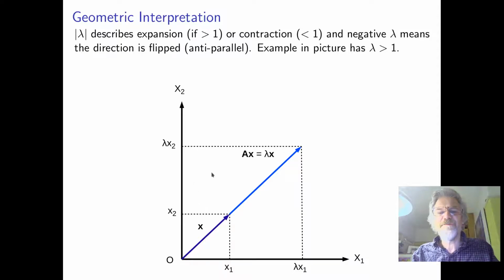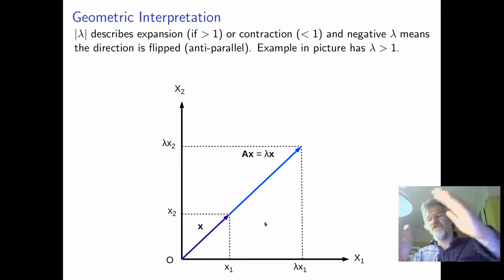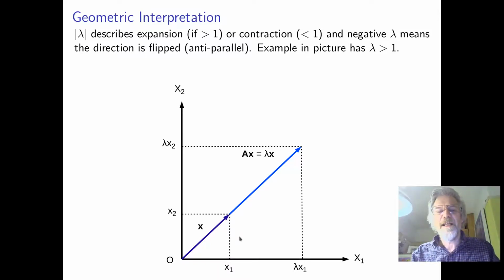Okay, so just to recap the geometric explanation, a matrix A, a 2x2 matrix, moves vectors around in a plane. It takes 0 to 0, but it can rotate or it can stretch or shear. And an eigenvector is a direction that when you multiply by A, it's in the same direction. So if that's x, that's Ax.